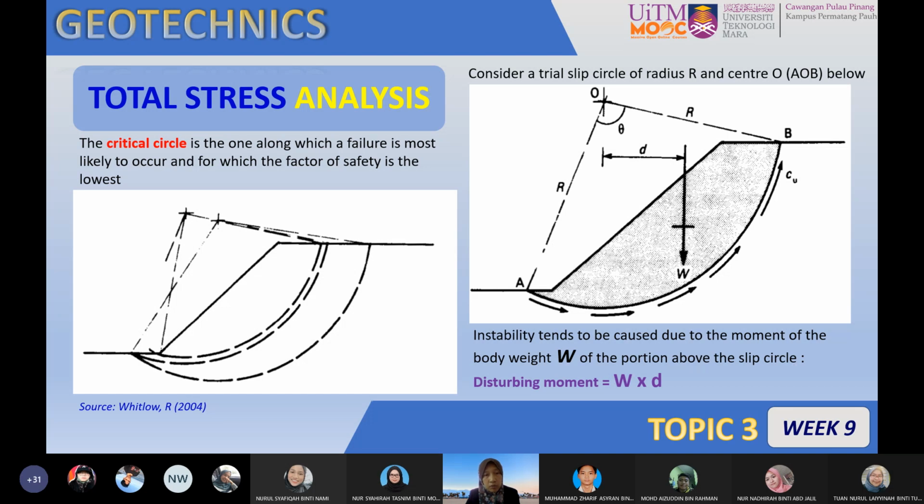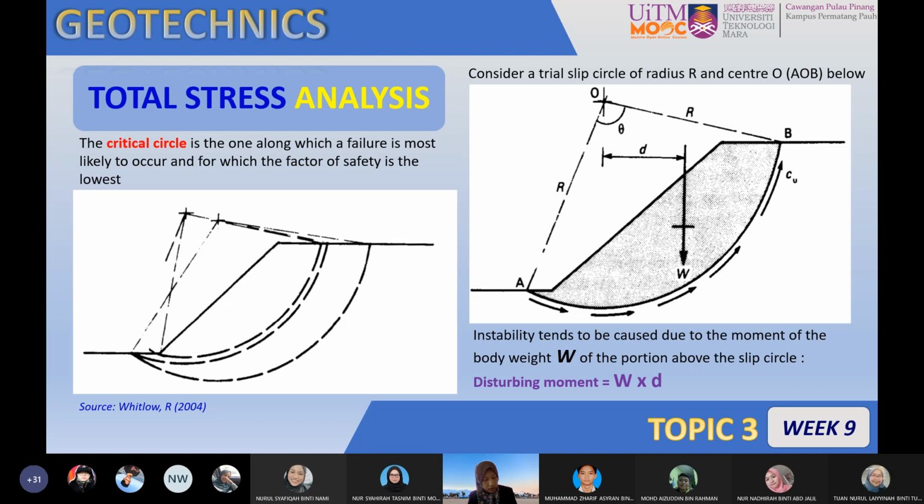So in slope stability, what we are actually doing is that we need to design for the most critical one. If the most critical one is safe, then whatever slope geometry comes to you will also be considered safe, stable. So at this moment, you have to find where the center of the slip circle is that produces the minimum FOS.